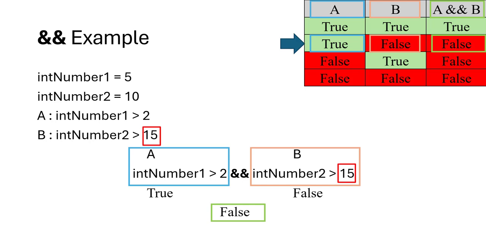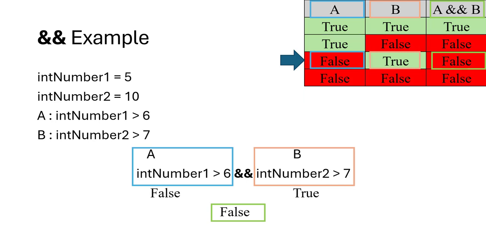Changing the values I'm comparing my variables to will impact the results of the test condition. In this case, int number1 continues to be 5, so is 5 greater than 2? The result is true. For the second condition, int number2 is 10. Is 10 greater than 15? That is false. True and false, the end result is false. In the third example, I'm changing the value that I'm comparing in the first condition.